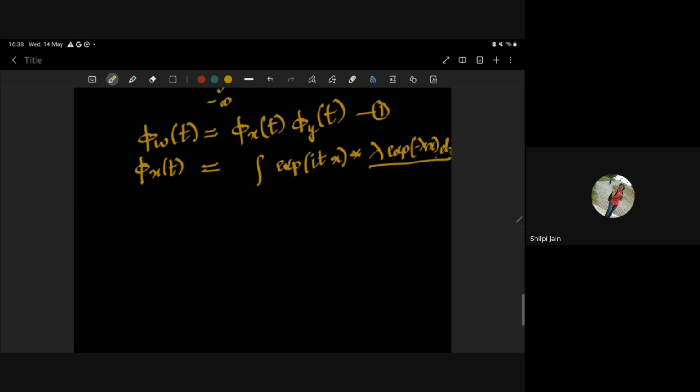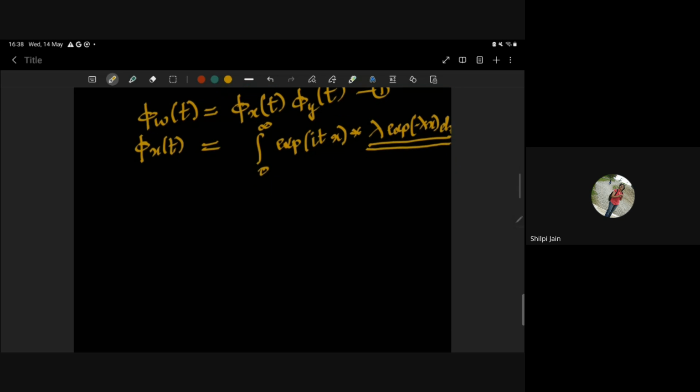So that's the exponential distribution, right? If you integrate between the limits 0 to infinity, you will get, for the characteristic function, lambda over lambda minus it.